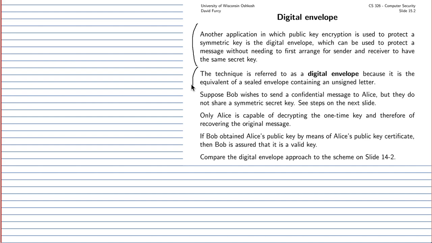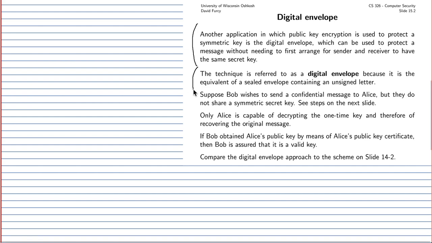Let's say you want to send a postcard to someone through the regular mail, but you don't want the mailman to read the content of your message. So instead of sending a plain postcard, you can put the postcard or the letter inside an envelope and then seal the envelope, this way reaching some kind of confidentiality. So this is the idea of a digital envelope, where we do the same thing but in a digital mechanism.